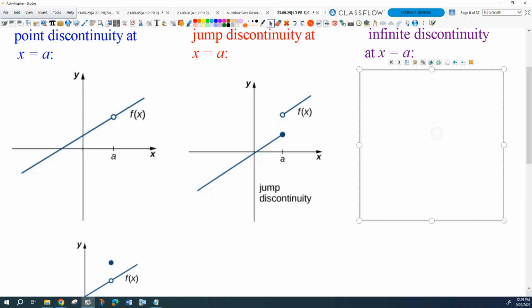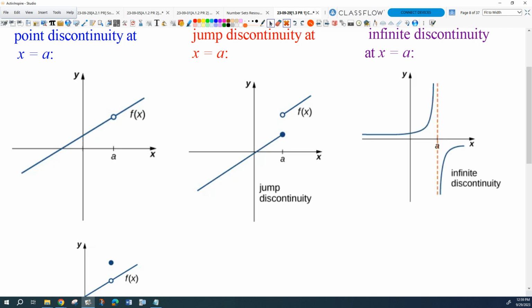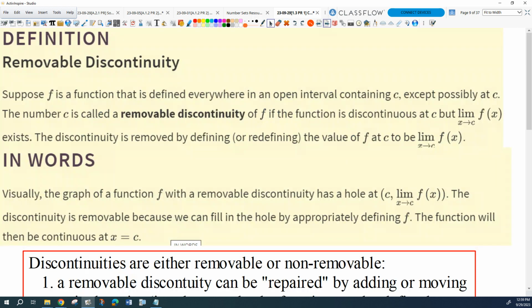And then an infinite discontinuity is just any vertical asymptote, right? We're going to go one step further than this. Point discontinuity gets us kind of in the right direction, but there's better terminology. We can decide whether discontinuities are removable or non-removable. What does that mean?